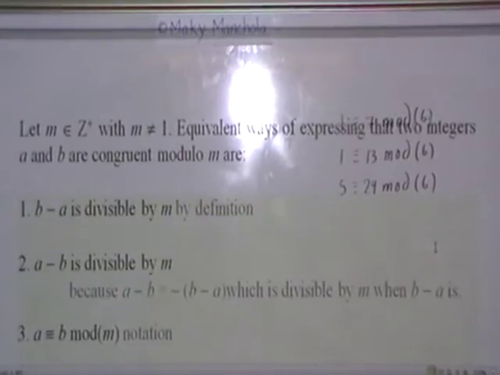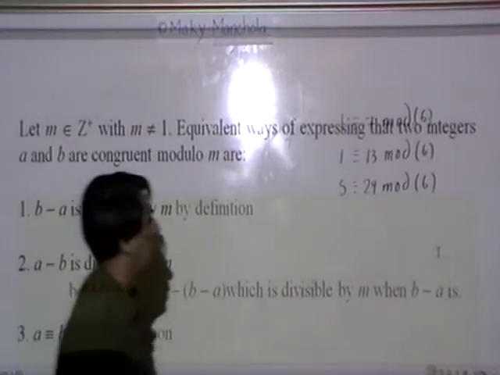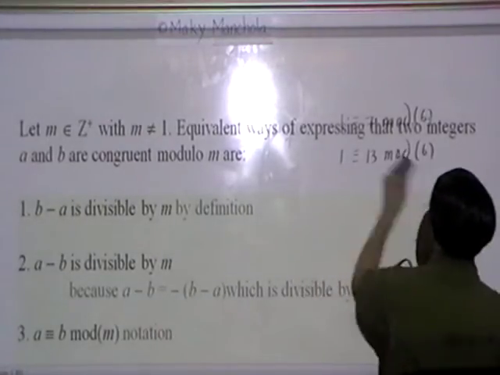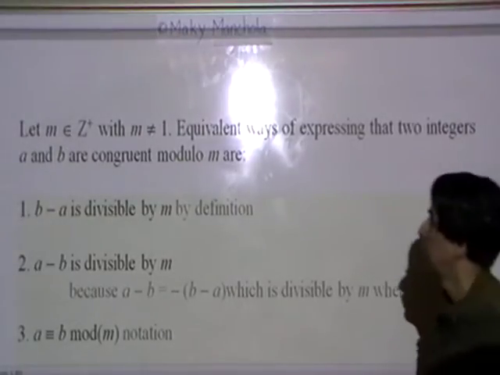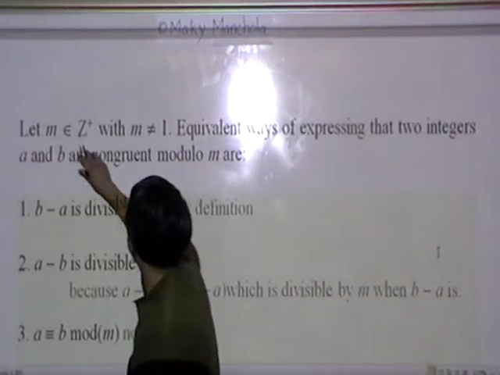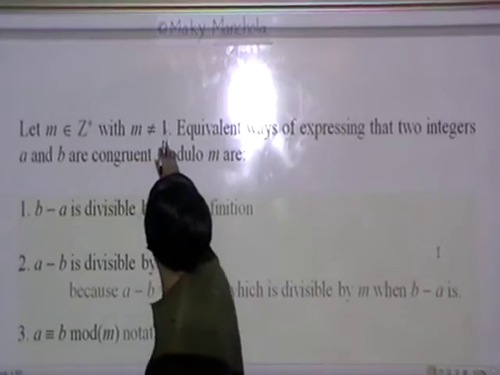Next, let's talk about different ways of expressing that two integers are congruent modulo m. So let m be a positive integer with m not equal to 1.